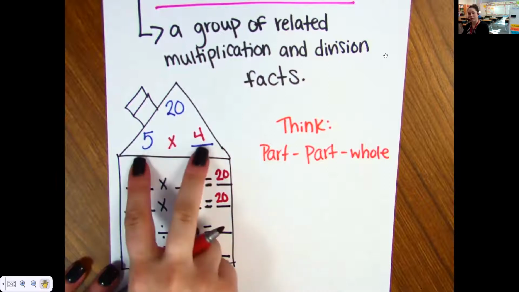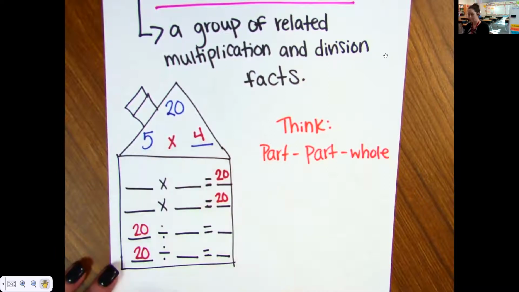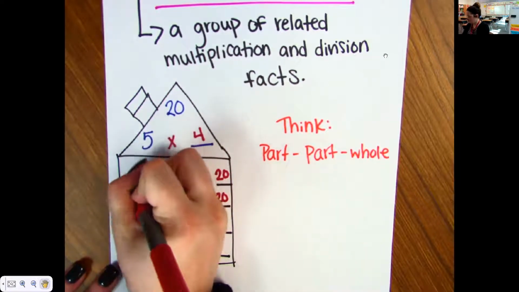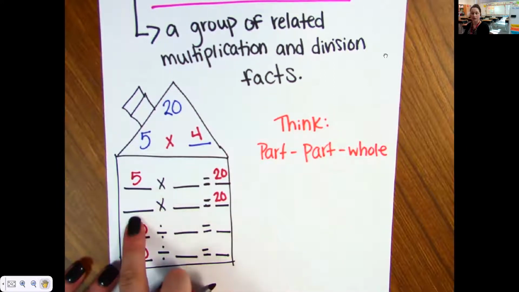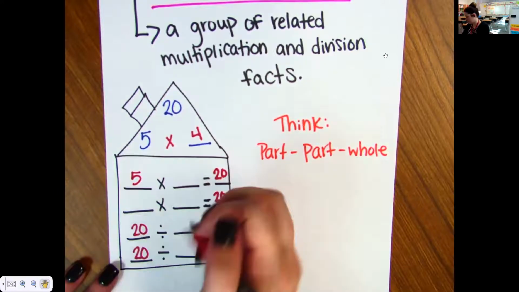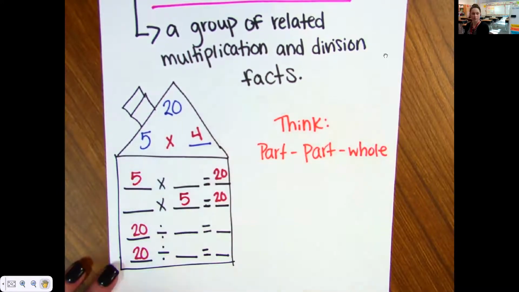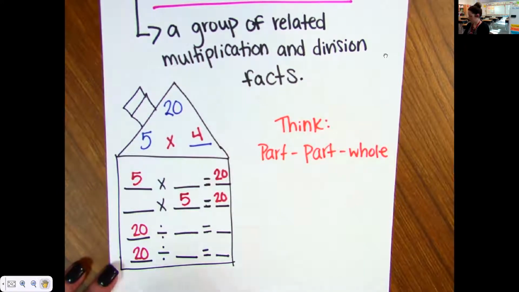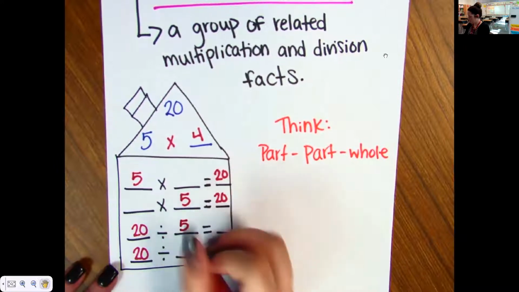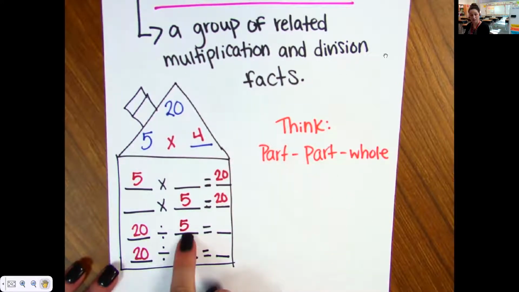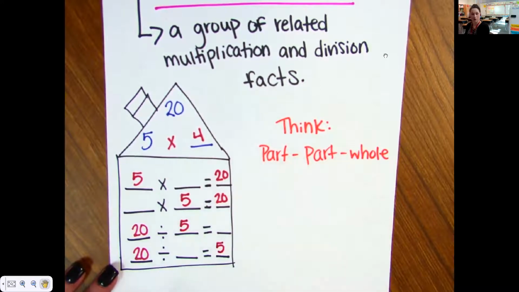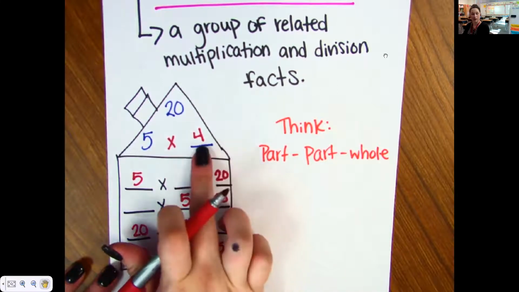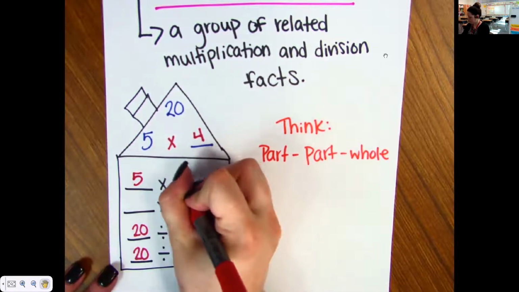So now I'm going to fill in my 5s and my 4s, okay? So I'm going to put my 5 here. Well, if I put my 5 here, I can't put my 5 here because then it's going to be the same equation. So I'm going to put my 5 here. And I'm going to do the same thing. Put my 5 here. Well, I can't put my 5 there because otherwise this is going to be the same equation. So my 5 has to go here. Well, now I have one number left, right? I have 4 left.